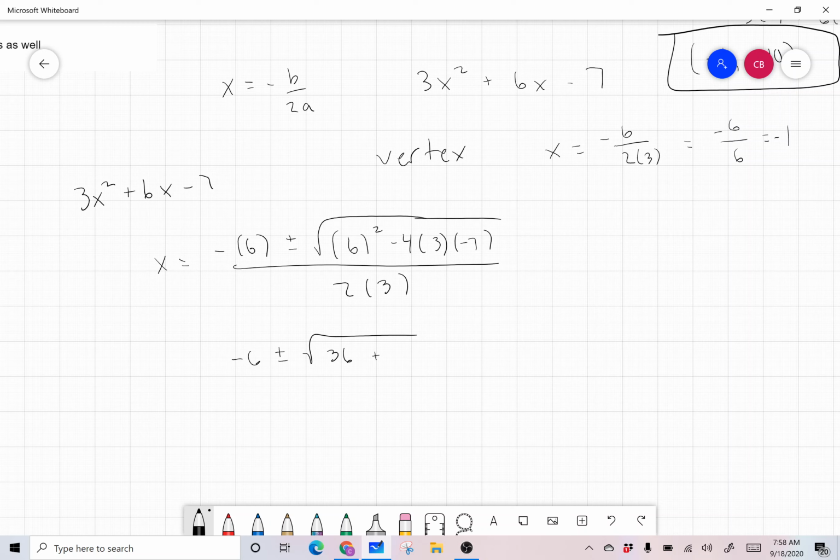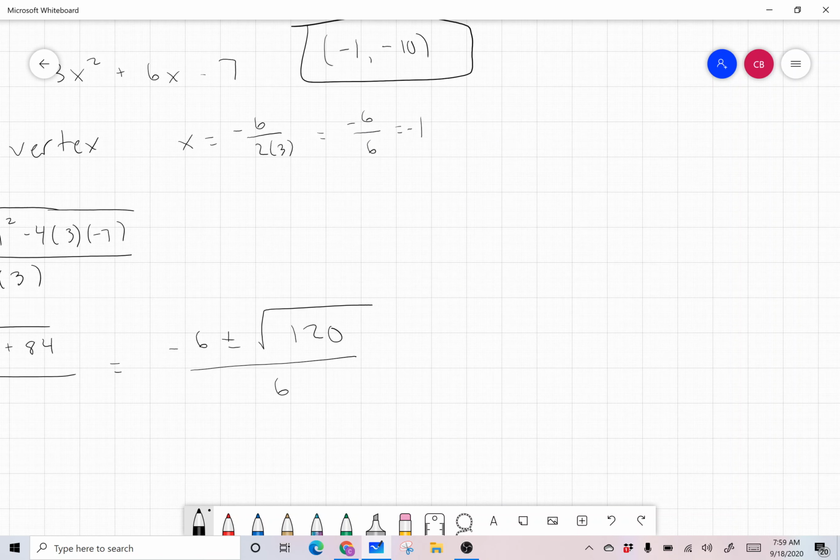So that's -6 plus or minus the square root of 36 plus 84, all over 2 times 3, which is 6. That's negative 6 plus or minus the square root of 120, over 6.